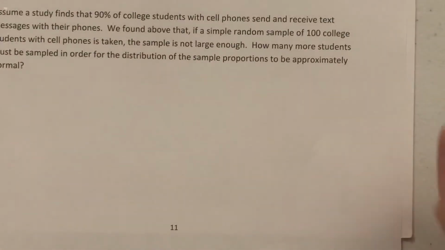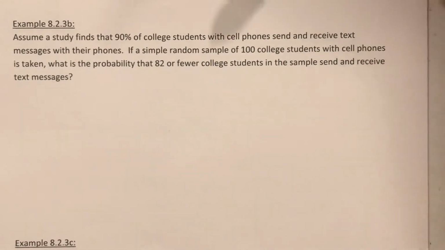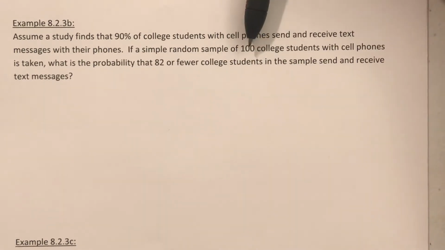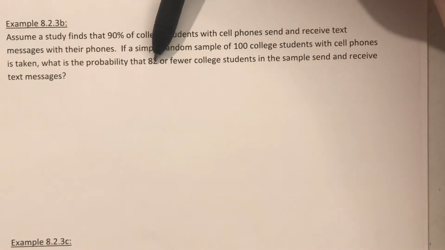All right. So the last page here. Let's take a look at this question again, but it's actually a different question. Same scenario, different question. So we've got 90%. We've got the simple random sample of 100 college students and 82 of them.